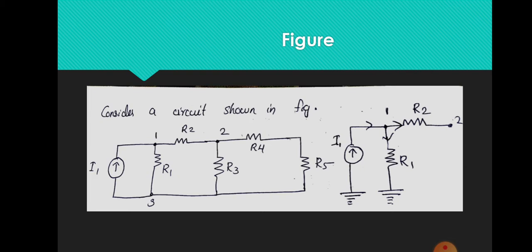Here we are not taking the junction point of R4 and R5 as another node, because there is no voltage source connected to that point. Also it is a meeting point of only two branches, so there is no meaning in taking a node at the junction point of R4 and R5.